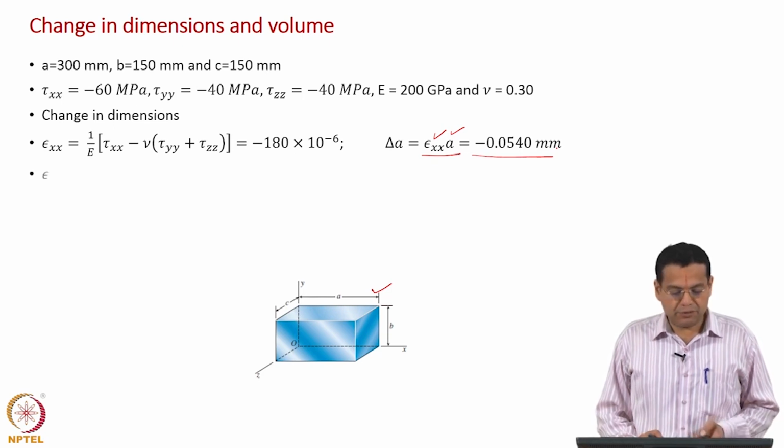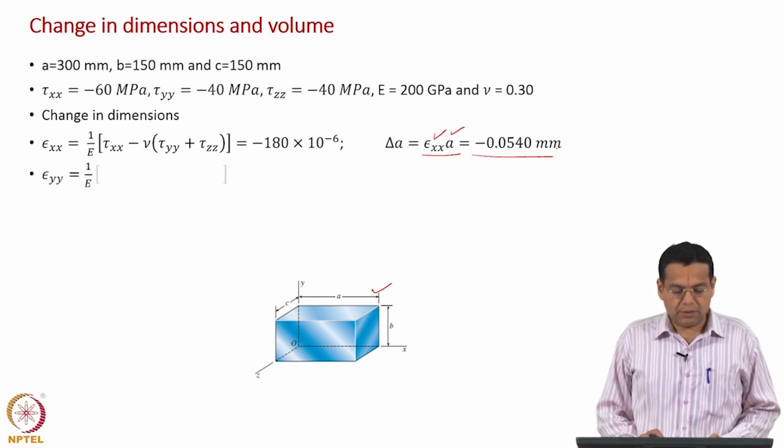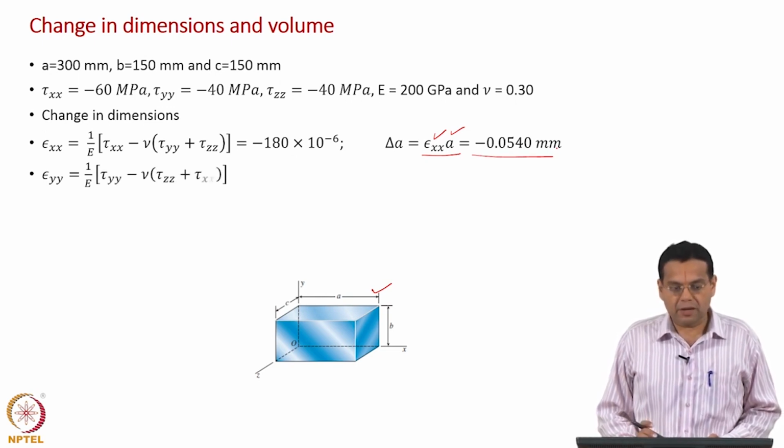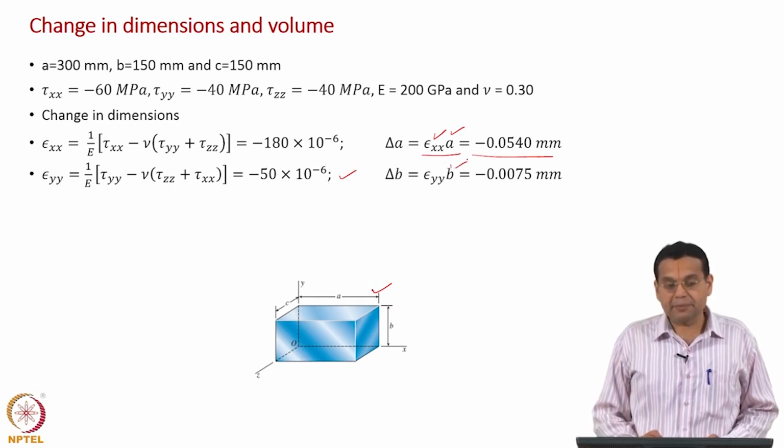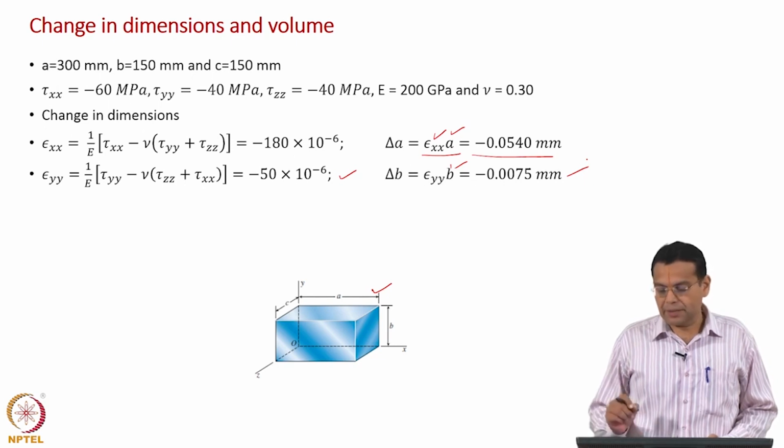So, similarly let us do for the y direction. So, write the expression for the normal strain along y direction. Simple substitution will give you the normal strain along y direction, multiplied by the dimension along y direction will give you the decrease in the dimension along y direction, which is minus 0.0075 mm.